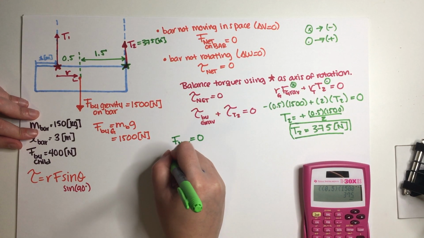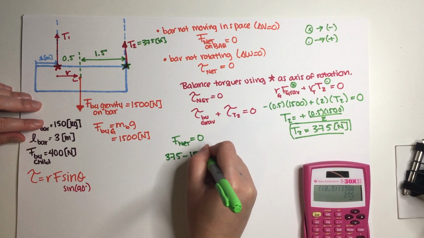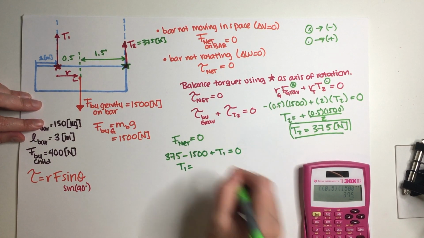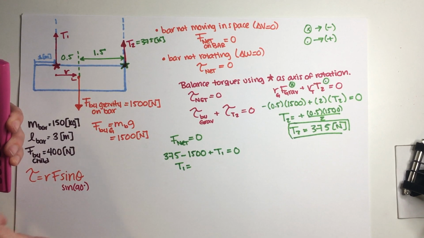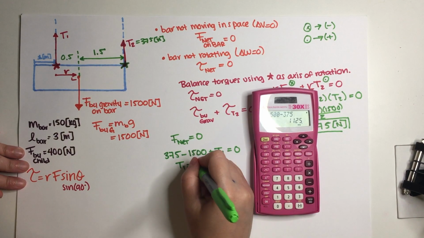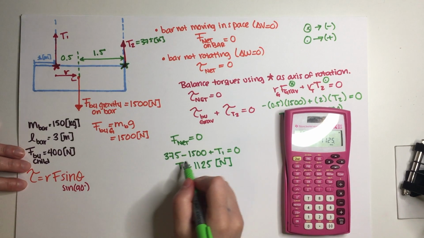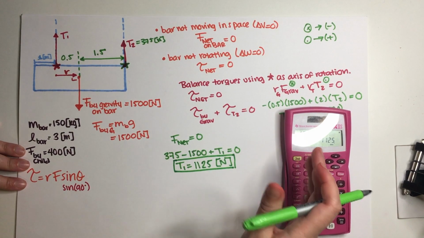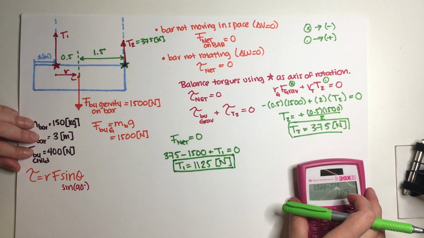So this means that 375 minus, because it's going down, 1500 plus T1 is equal to 0. That means that T1 has to be equal to 1500 minus 375, 1125 newtons. And that's an easier way to figure this out, in my opinion. But again, if you just do the exact same procedure, things are gonna work out. So that basically solves the first part of the problem.